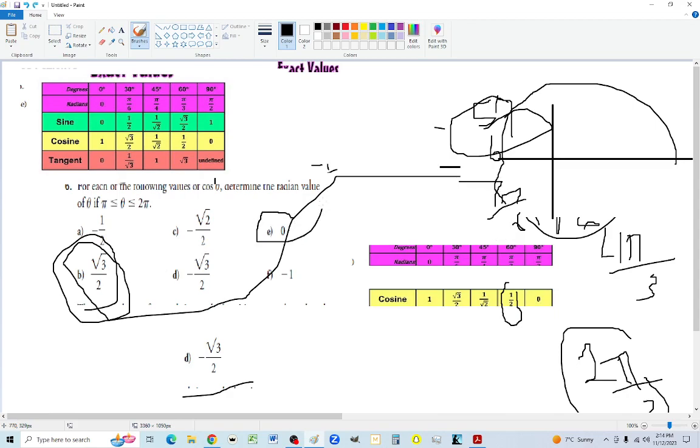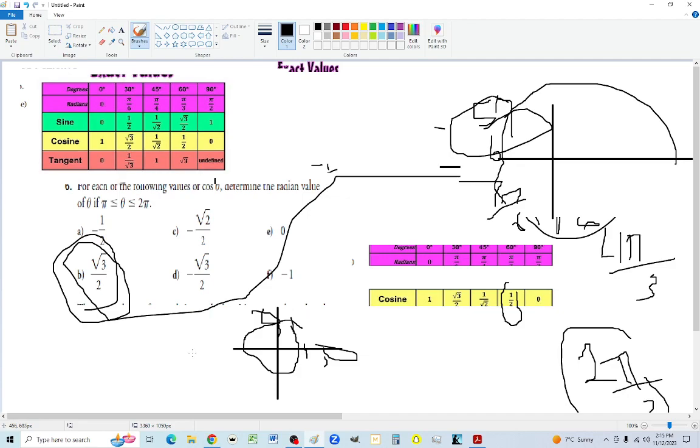What about 0? Well, for this one, we have to go to our memory of where we would find 0 for cosine. Well, in the unit circle, this is 1, 0. This is 0, 1. This is minus 1, 0. And this is 0, minus 1.